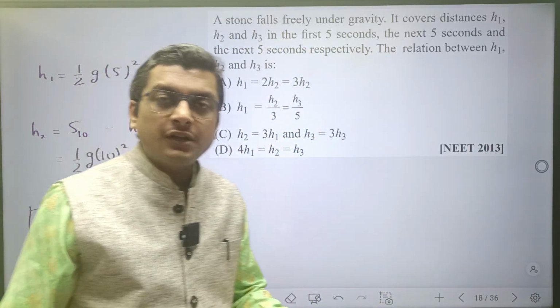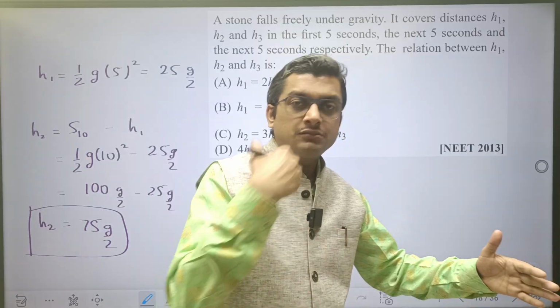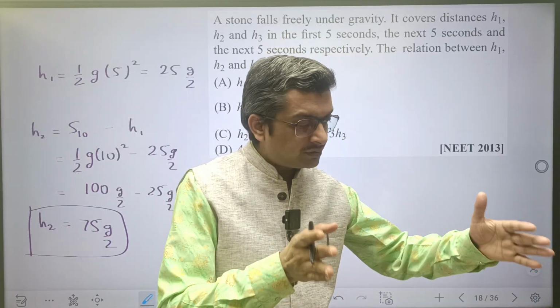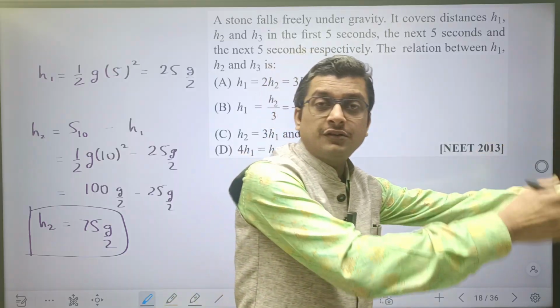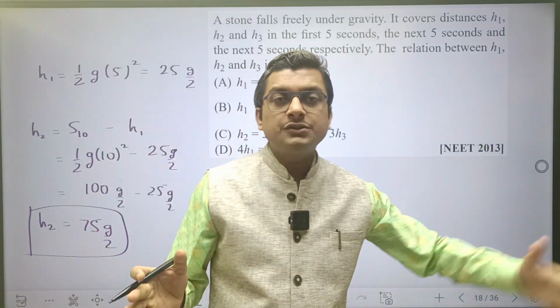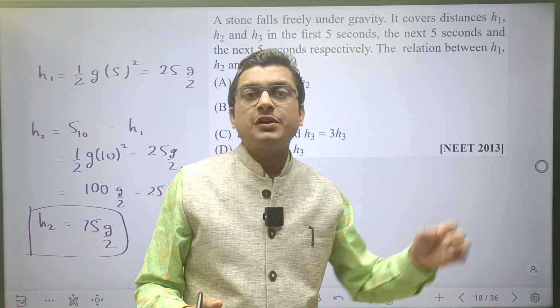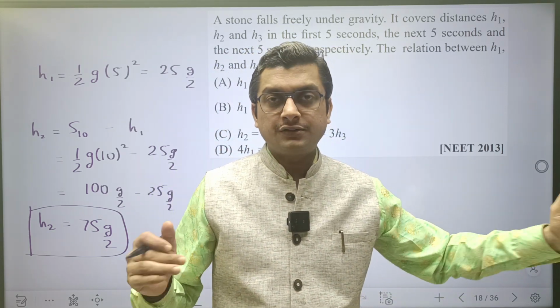So there are 3 slots now. In the first 5 seconds the distance covered is h1, in the next 5 seconds the distance covered is h2, and in the next 5 seconds the distance covered is h3. If you combine all these, h1 plus h2 plus h3, you get the distance covered in the first 15 seconds.